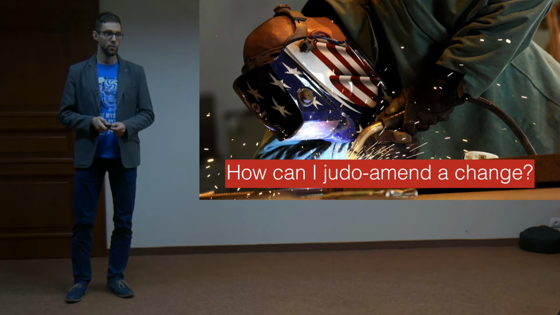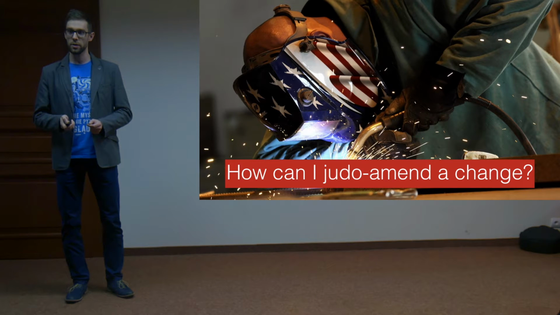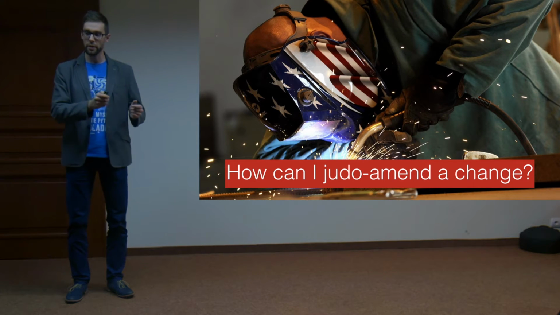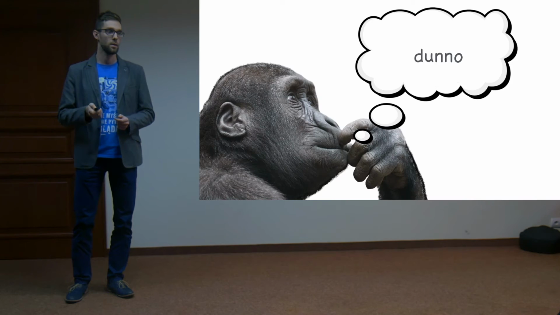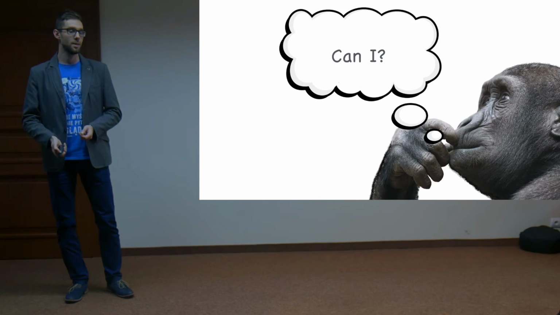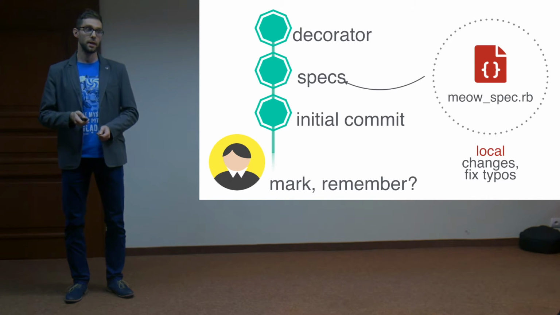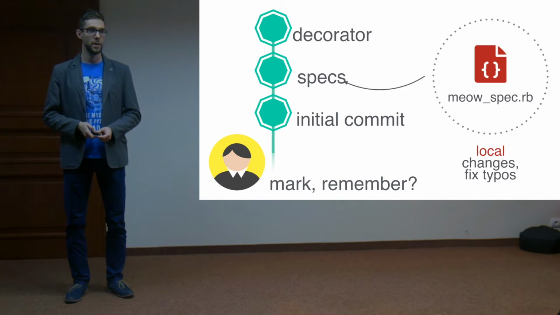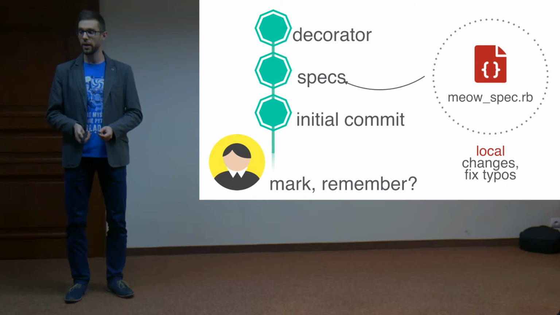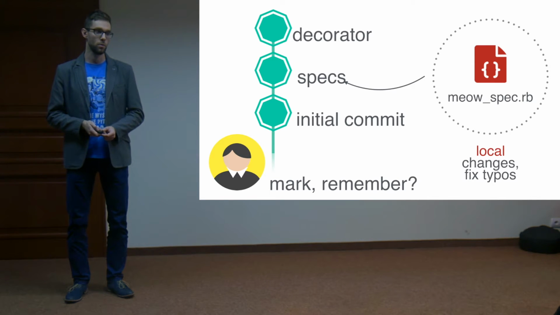And there is another thing: how can we amend changes with a commit that is not the most recent one? Of course, I hope that many of you know. Of course you can. And it's like this. We noticed that in the spec we made some typos, but we can't use amend as previously because the most recent commit is the decorator.